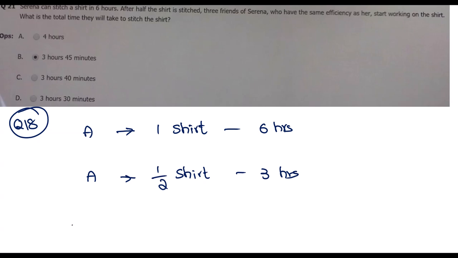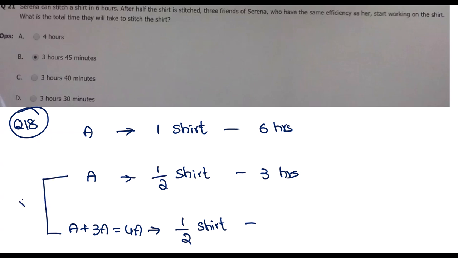Now three friends of the same efficiency join, so it becomes 4A. For the remaining half shirt, the time is divided by 4, so 3 by 4 of an hour, which is 45 minutes.